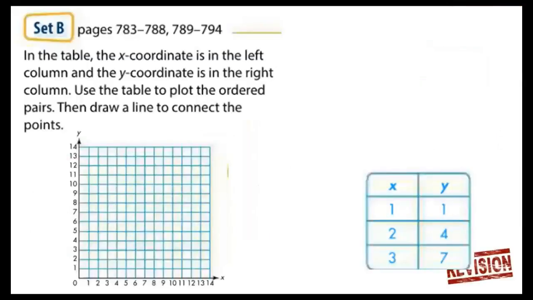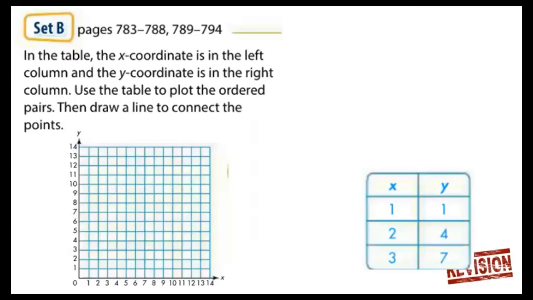Set B will cover from page 783 to page 788, also 789 and 794 in your book. This section deals with the presentation of coordinates and tables, how to collect, analyze and represent data.